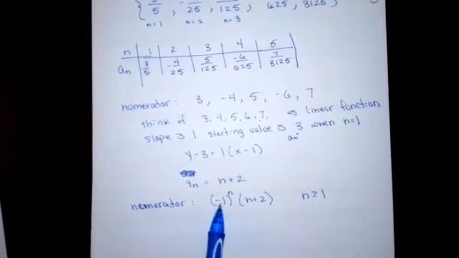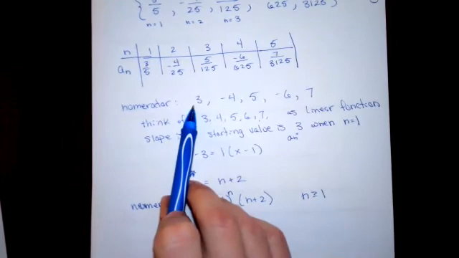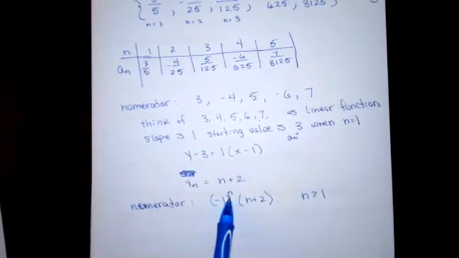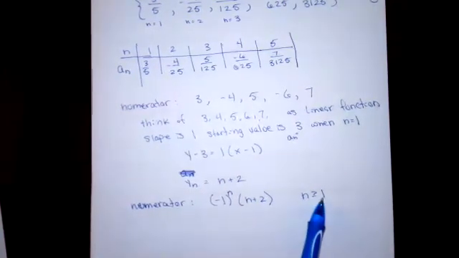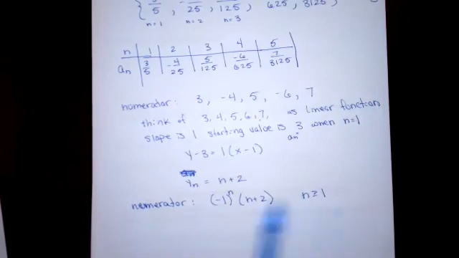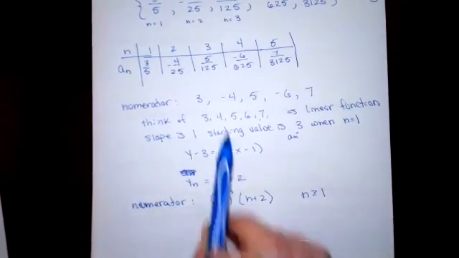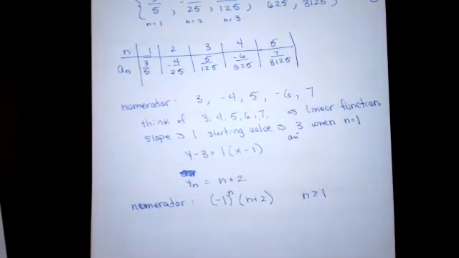However, let's check the minus sign to make sure that is correct. If I plug in 1, what's my first sign? It'll be (-1) to the 1, which gives me a -3. If I plug in a 2, we will have (-1) squared, which will give me a positive 4. So my minus signs are off. How do we correct it? The minus signs are easy.